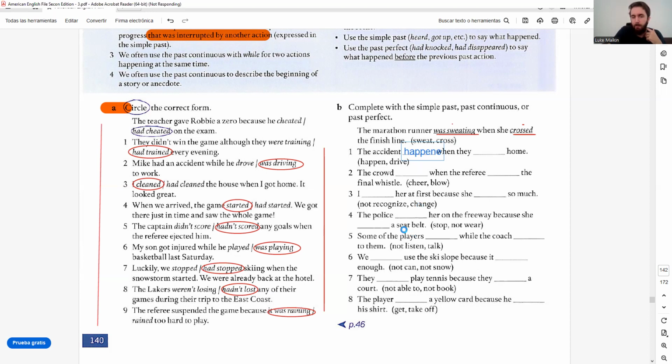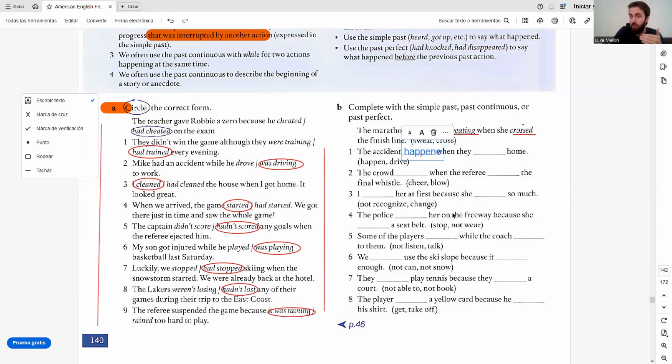Number 3, I didn't recognize her at first because she had changed so much. Changed before I recognized her.